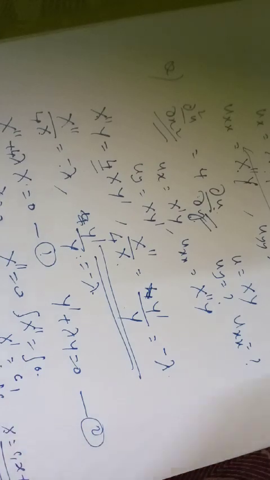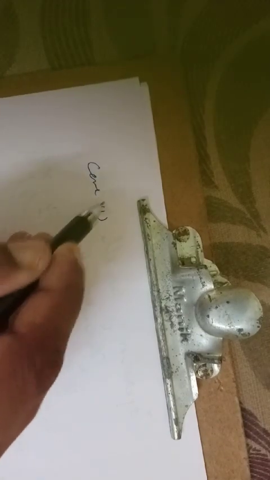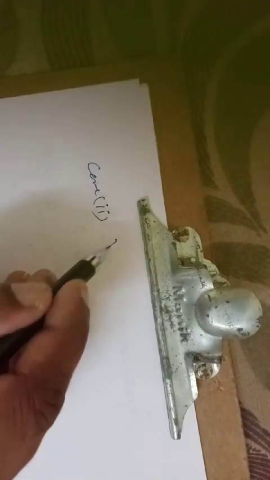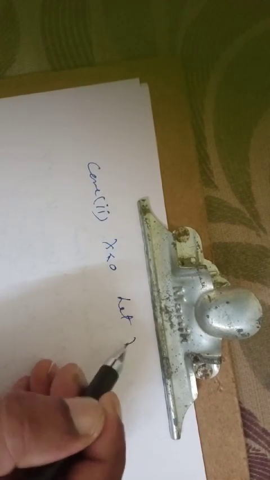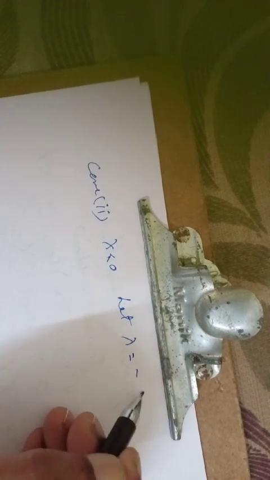Similarly, I have to consider case 2. Case 2 means lambda is greater than 0 or less than 0. Any case you can take. We are taking case 2 as lambda less than 0. Therefore, let lambda be equal to minus alpha square. Alpha square, being a square, is always positive, and putting a negative, it will be negative.